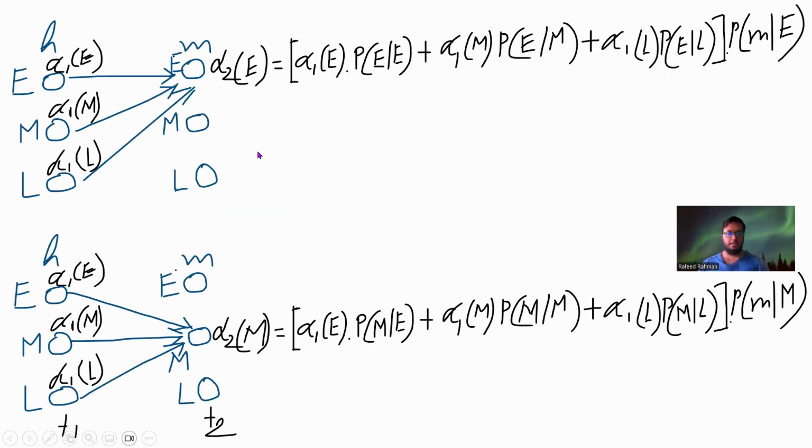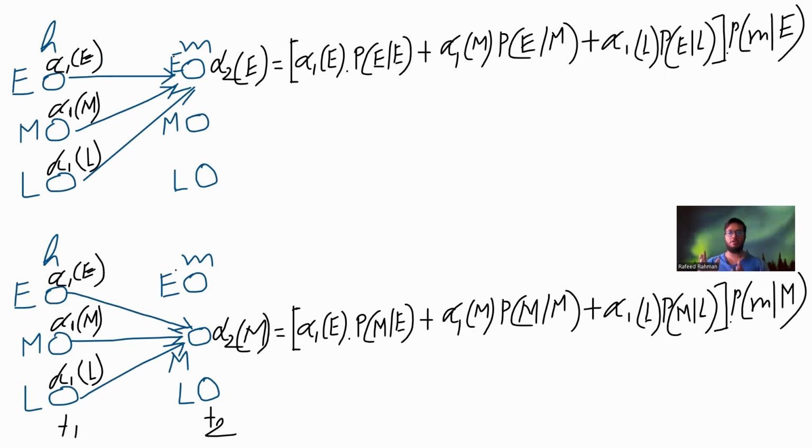In the next time step T2, we have to again get the alpha 2s for time step T2: alpha 2E, alpha 2M, and alpha 2L. I'm going to describe how we can get alpha 2E so that you can understand the other ones as well. You know that in time step T2, we can actually come from any one of these 3 states, because any one of these 3 states can appear in the first time step, right?